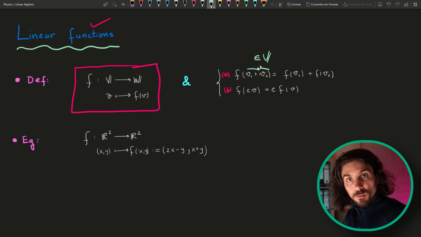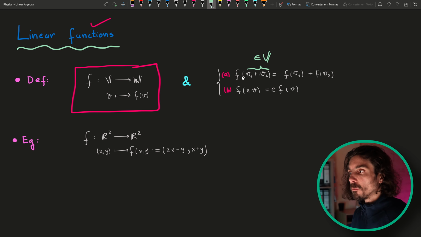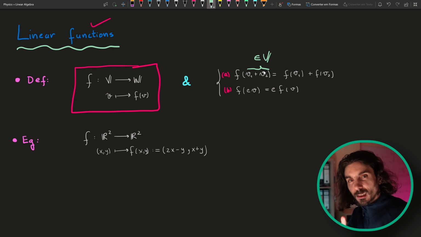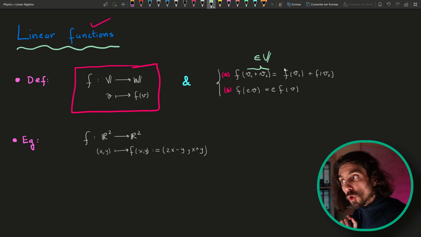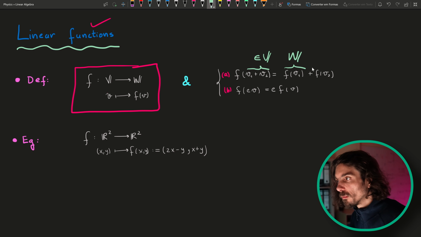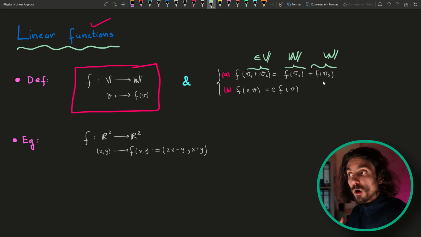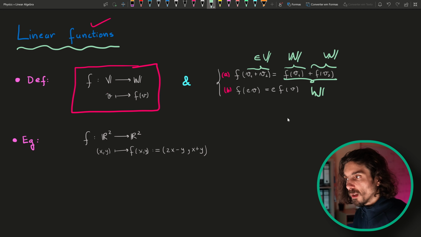The image of that element is very special, because it has to be specifically f(v1) plus f(v2). Notice that this is an element of W, this is another element of W, and therefore the summation is another element of W.